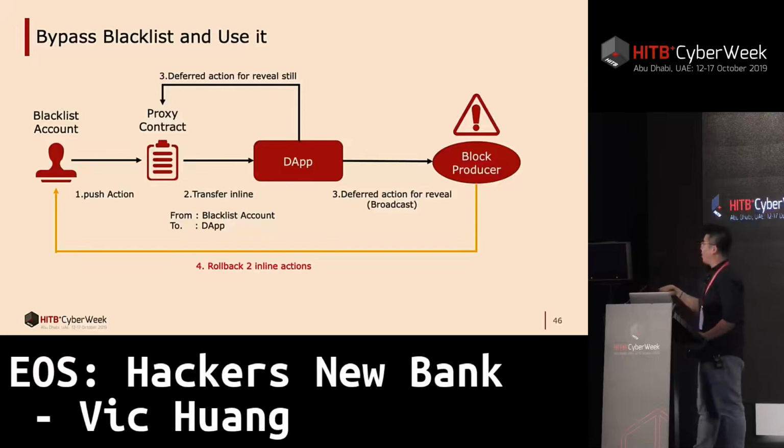And here's another kind of attack: how to bypass the blacklist and use it at the same time. If I have a blacklisted account, I build a proxy contract to send the inline transactions to the DApp, but we just write the blacklisted account in the from field.